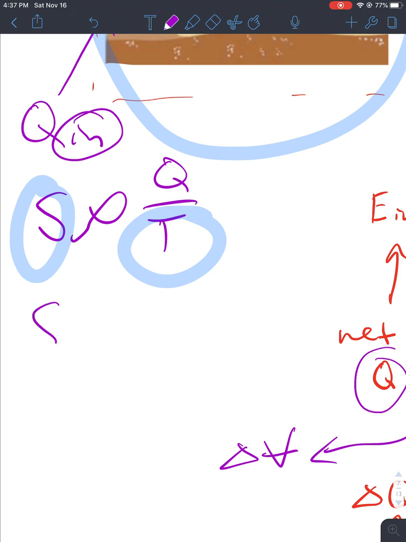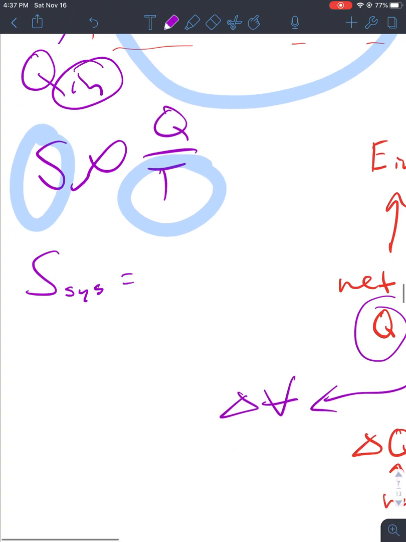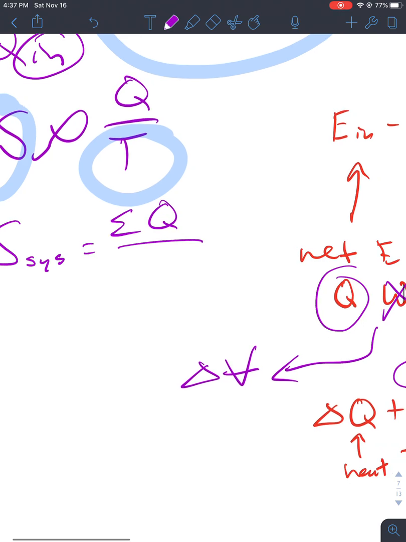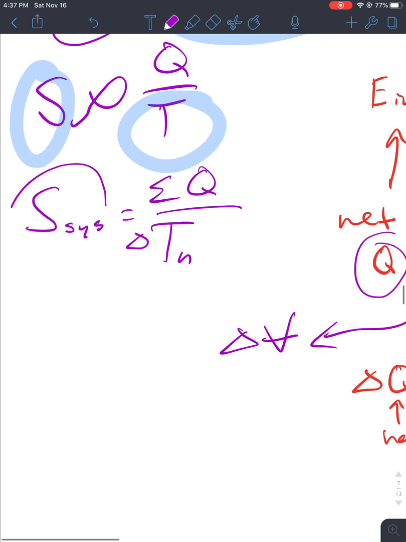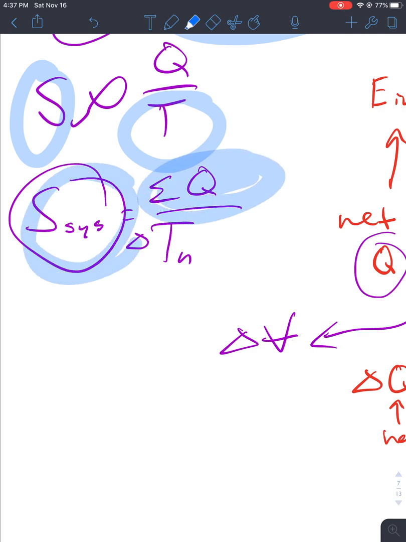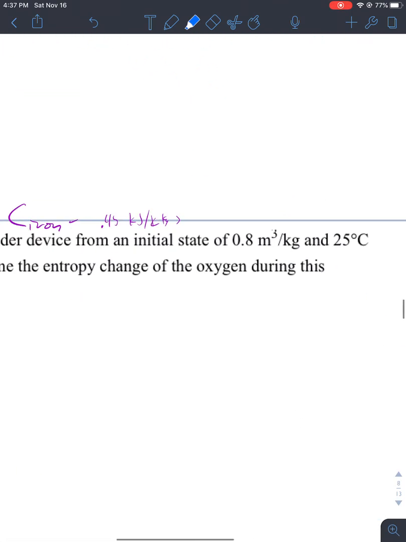Ah, right. Okay, so we're looking for the entropy of the system is equal to the sum of the heat over, I don't know, whatever the appropriate temperatures are. Delta T N, for whichever one it is. All right, so we're looking for this. So you need the amount of heat that goes out and the change in temperature.